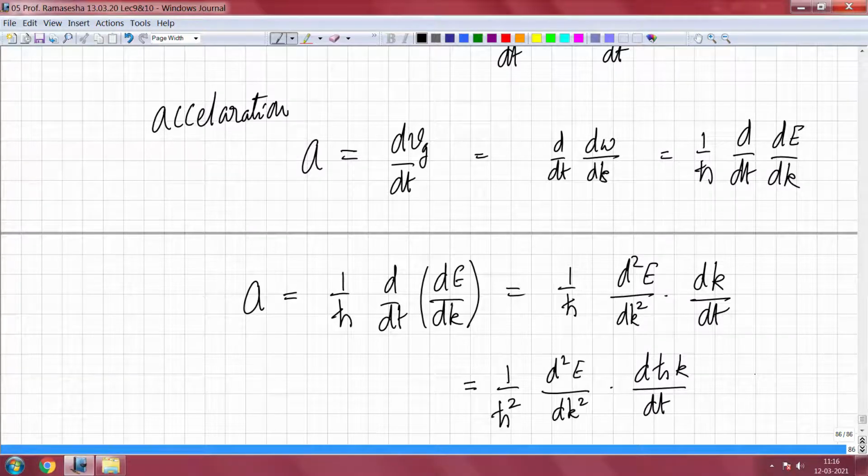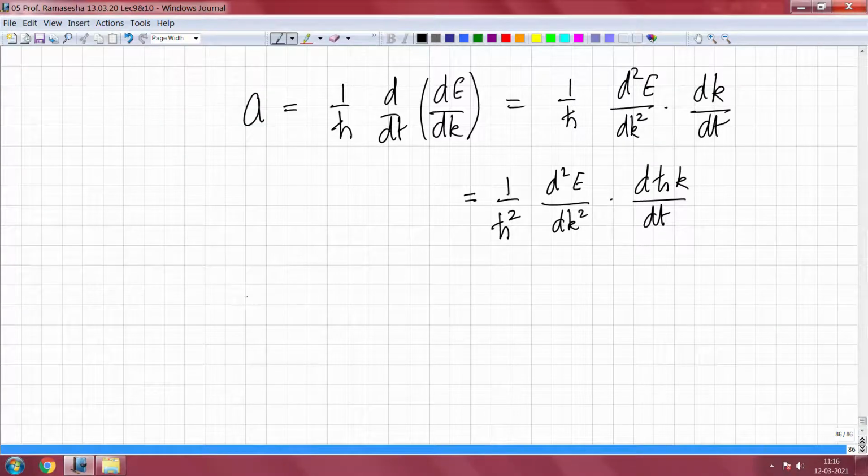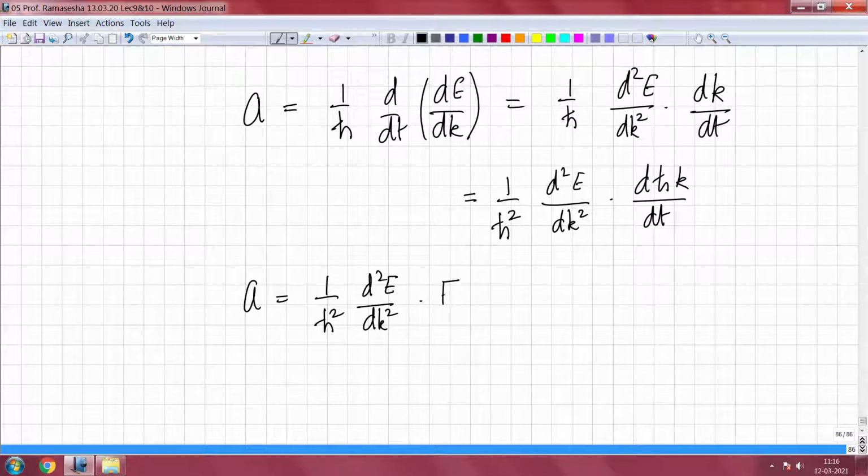That is to say that acceleration A is equal to 1 by h cross squared d squared E by dk squared into force, because F is equal to d h cross k by dt, something that we just showed before.